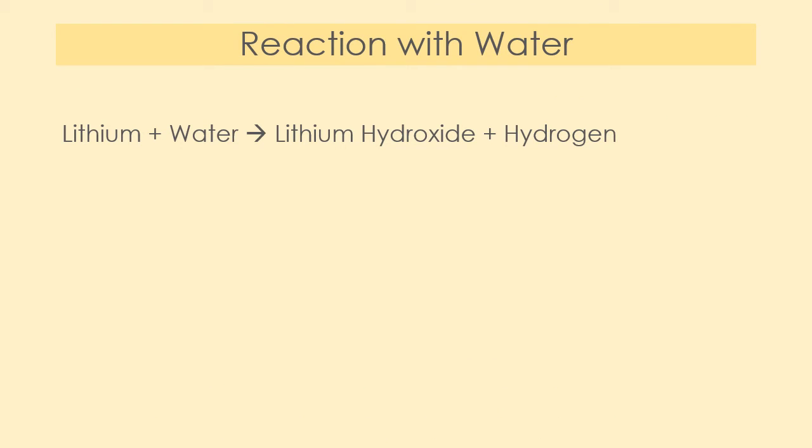So here we have the reaction with water, our word equation. We have lithium plus water will make lithium hydroxide and hydrogen. I'm going to write the balanced symbol equation below it. So first off, we have lithium and we have water, which is H2O.